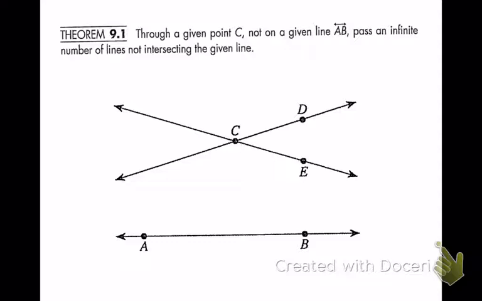So what we have is, through a given point C, not on a given line AB, pass an infinite number of lines not intersecting the line.